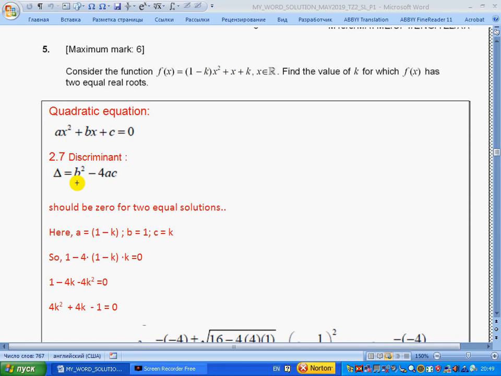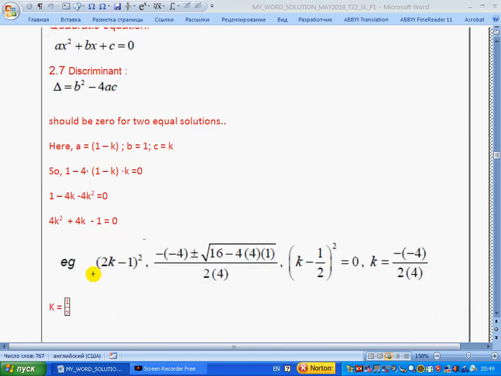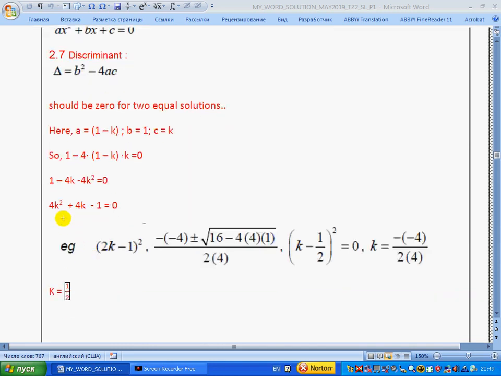Substituting this into the discriminant and making it equal to 0, we get an equation for k. This equation can be solved either using the formula for roots or by understanding that we have the square of 2k minus 1, and when it equals 0, k equals 1/2.